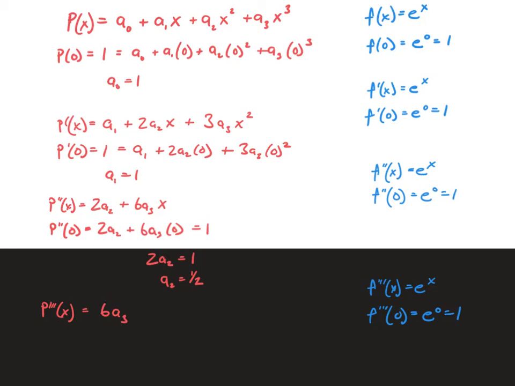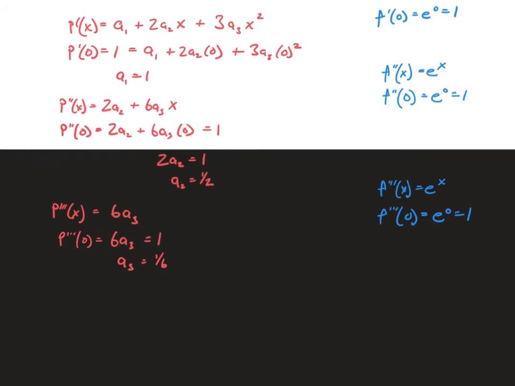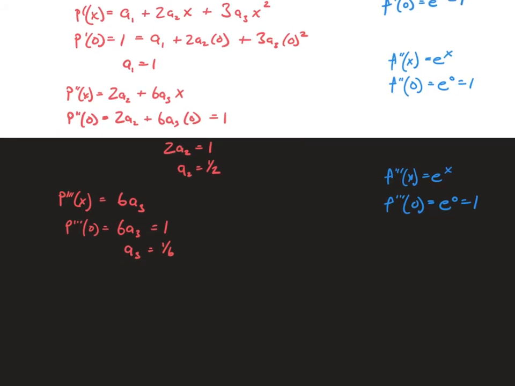When I plug in 0, I get 6a sub 3, and I want that to equal 1, which means a sub 3 is equal to 1/6. So after going through all of that, the third degree polynomial that estimates e to the x is 1 plus 1x plus 1/2 x squared plus 1/6 x to the third power.